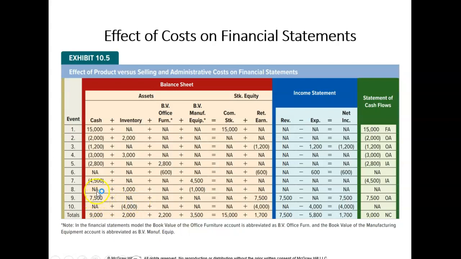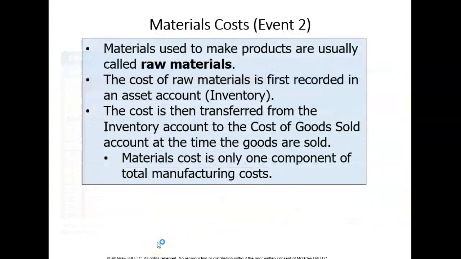And then for number 8, here's our transaction when we just purchased the inventory. So the inventory account increased by 1,000. The equipment account decreased by 1,000. And here you see the total sum of all of these transactions on your financial statement.